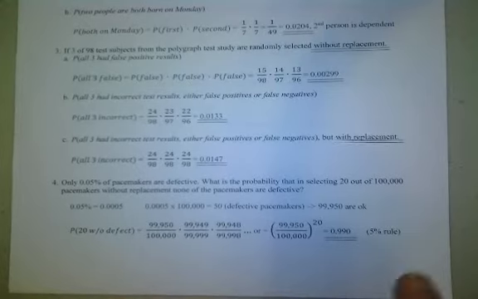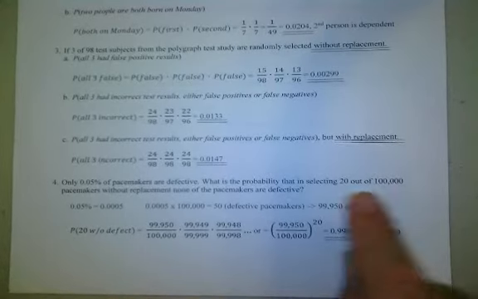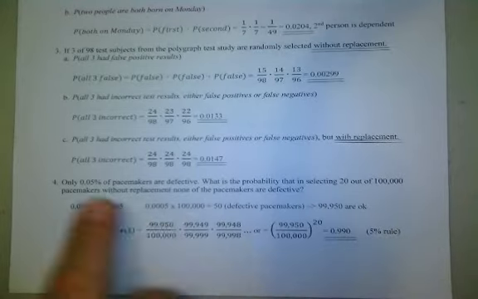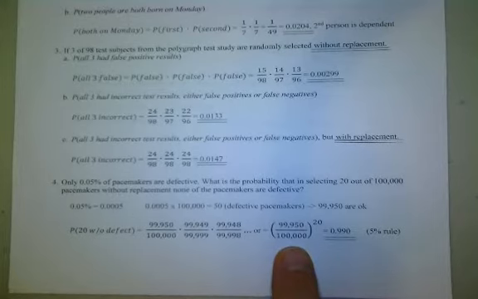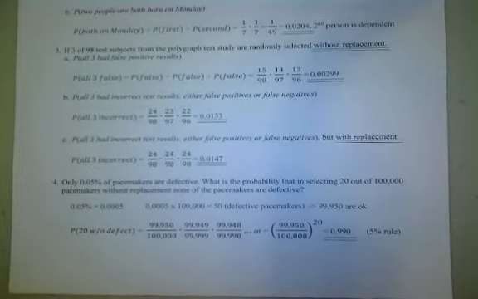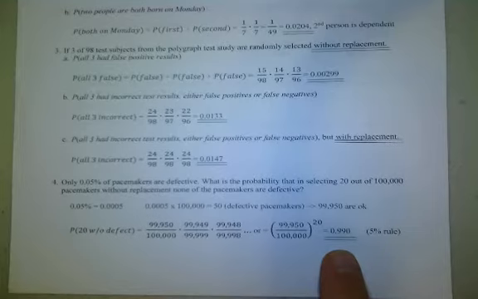However, 0.005 and the 20 out of 100,000, all of that is way less than the 5% rule. So instead of doing this, I'm going to treat it as if it was an independent case. So just the first one raised to the 20th power, I get 0.99. So the probability that in selecting 20 out of 100,000 they are all going to be fine is 99%.